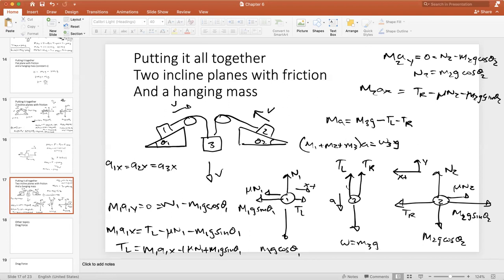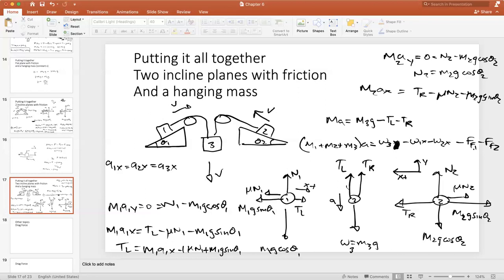So this would be the weight of 3 down, M3G, minus the weight of 1 in the X minus the weight of 2 in the X. That's trying to stop this thing from falling. The weight in this direction is trying to stop the thing from falling. Minus the friction of 1 minus the force of friction of 2. The friction is also trying to stop this from falling.